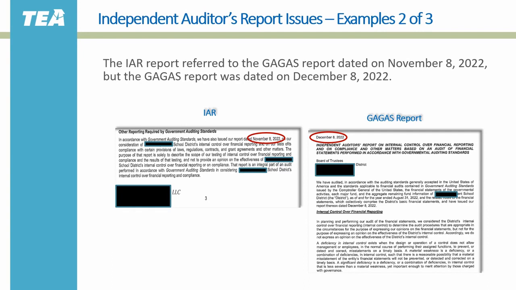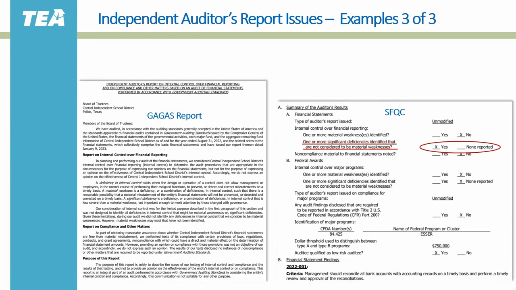This example shows inconsistencies between schedule of finding and questioned cost and the GAGAS report. On the right side, there is a question. One or more significant deficiencies identified that are not considered to be material weakness. And the answer to this question was yes.